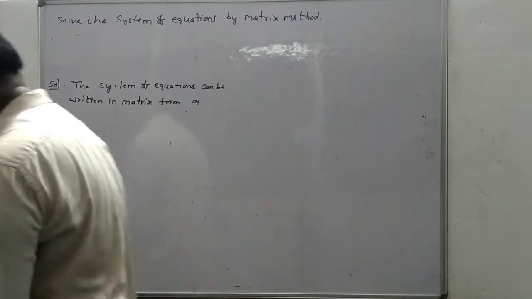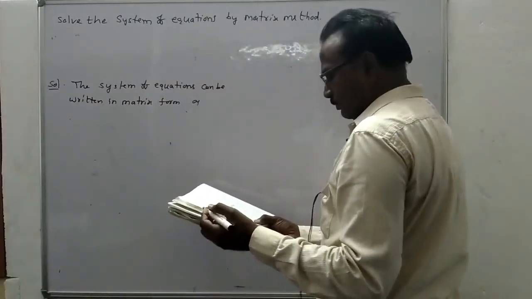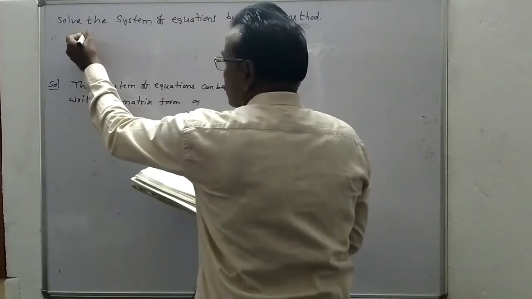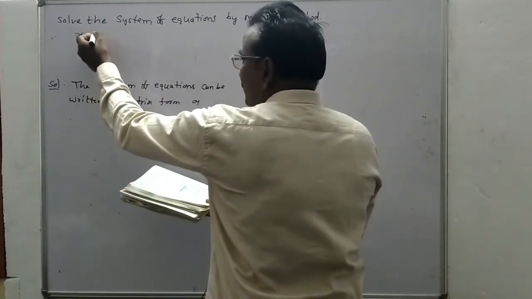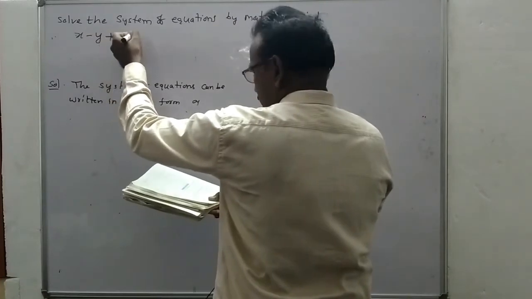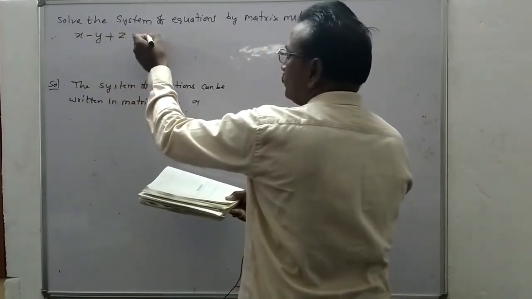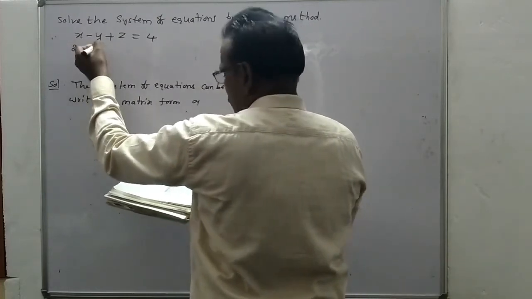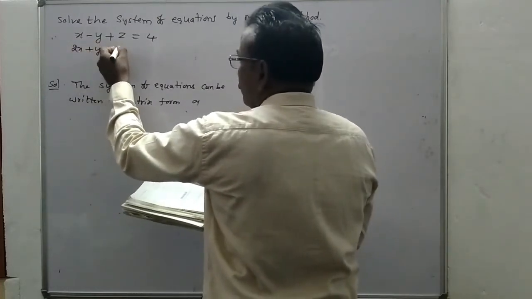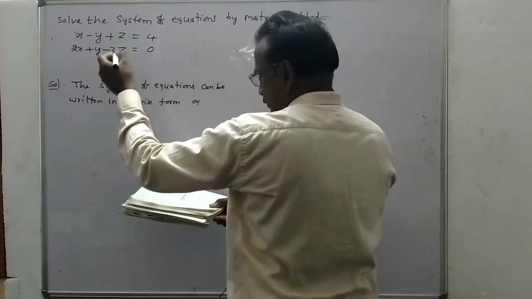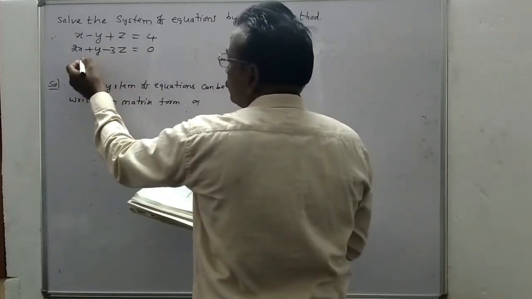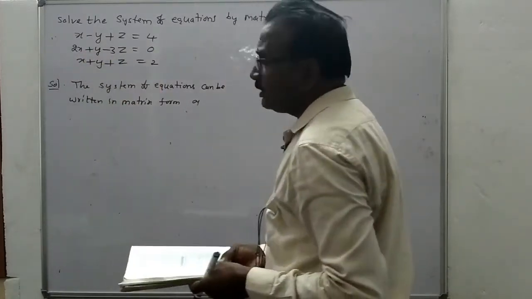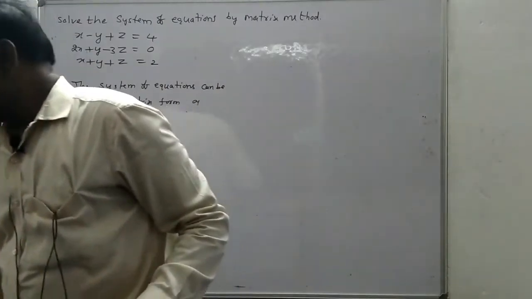The question is: x minus y plus z is equal to 4, 2x plus y minus 3z is equal to 0, x plus y plus z is equal to 2. Solve the system of equations by using the matrix method.